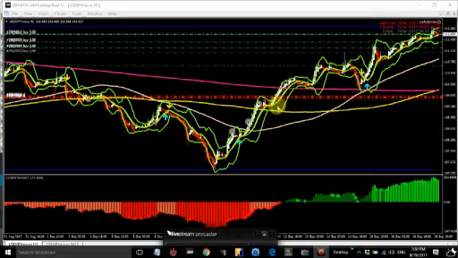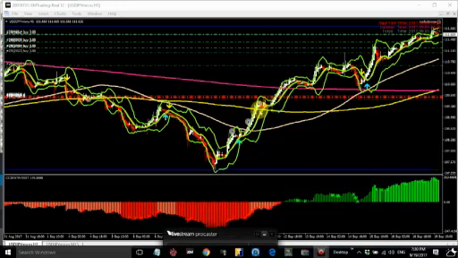I want to focus on this Bollinger Band. Look at my Bollinger Band. This is Bollinger Band period 20. Now let me tell you, even if you miss your entry from this crossover of the period 20 moving average crossing the 200 moving average, there's one thing you have to take note of.